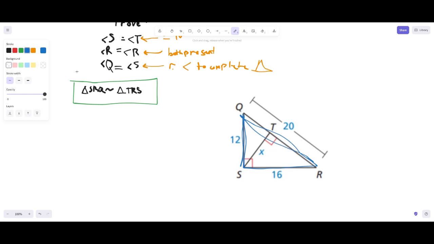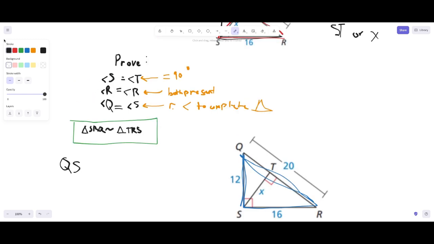So we're looking at Q and S. So the side of Q and S is part of this triangle. So the Q, its same value on the other side is S, and then the S on the triangle SRQ, its similar value, the same value, is T.